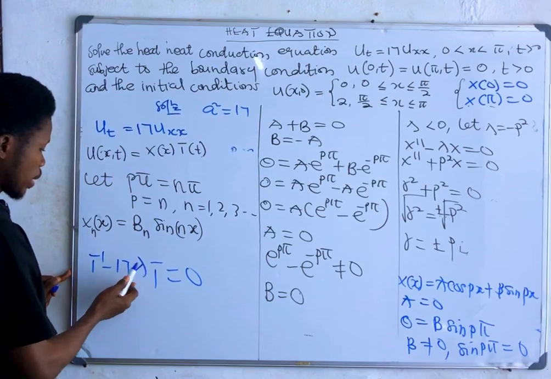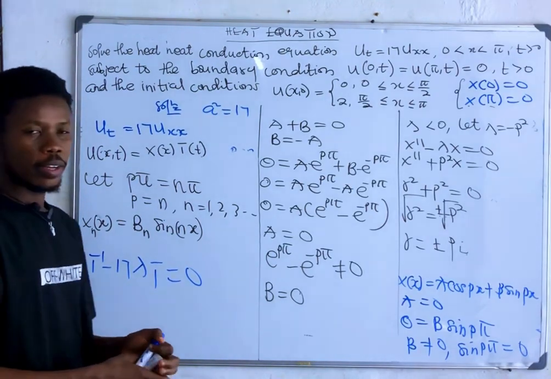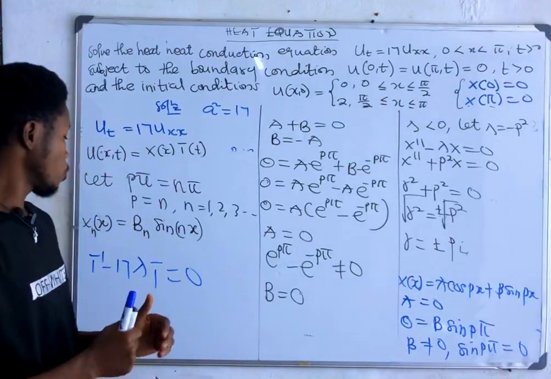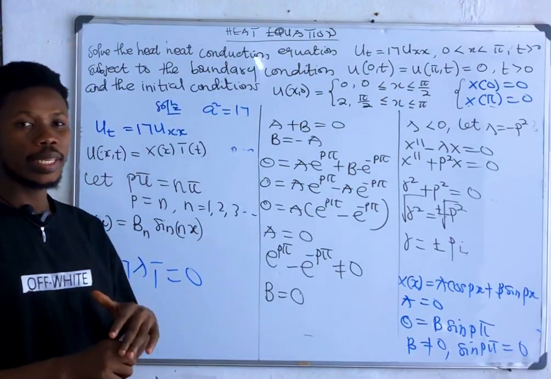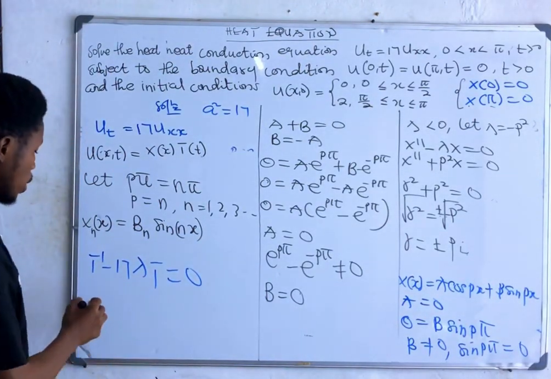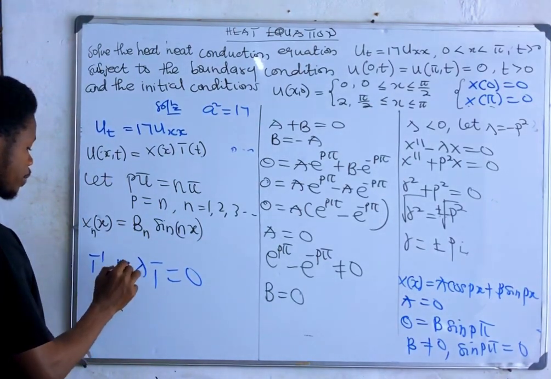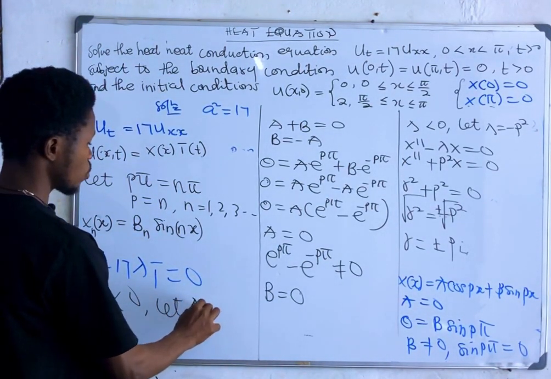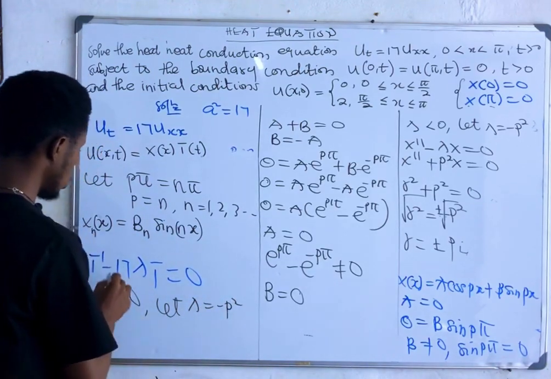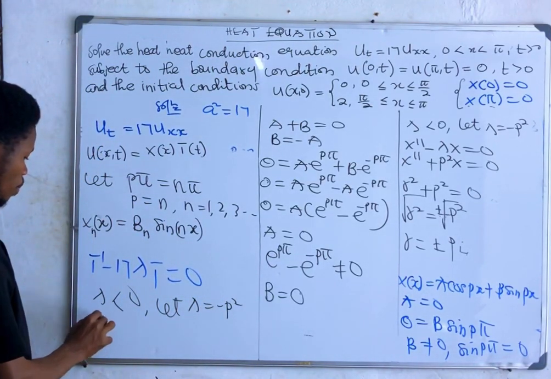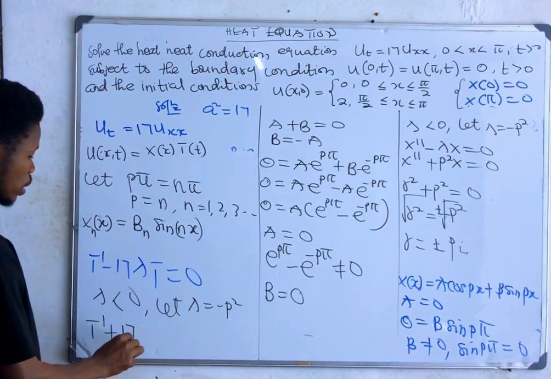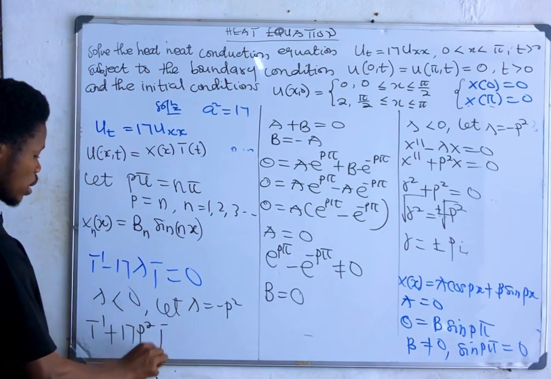But here, when you get to the t side, you don't need to follow all the procedures. The only thing you need to pick is the third case where you say that lambda is less than 0. So you let lambda be equal to negative p squared. So when I put this one, I'm going to have t prime. Since it's negative, I'm going to have positive 17 p squared t equals 0.